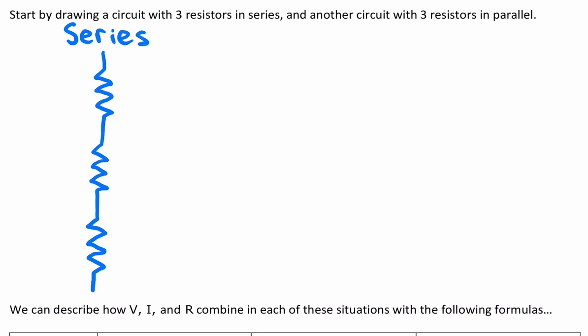If I had 3 resistors in parallel, it's a bit of a different situation. The current would come along and then it would split. And it would have 3 different options.